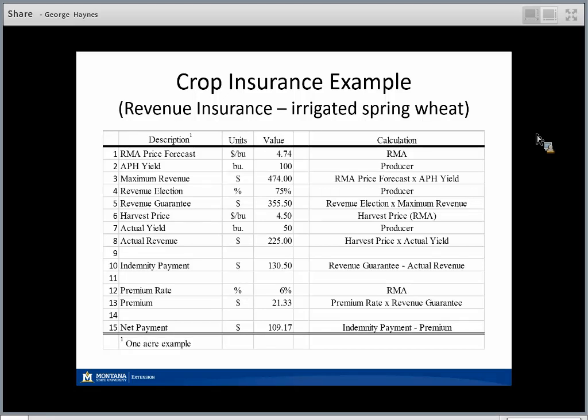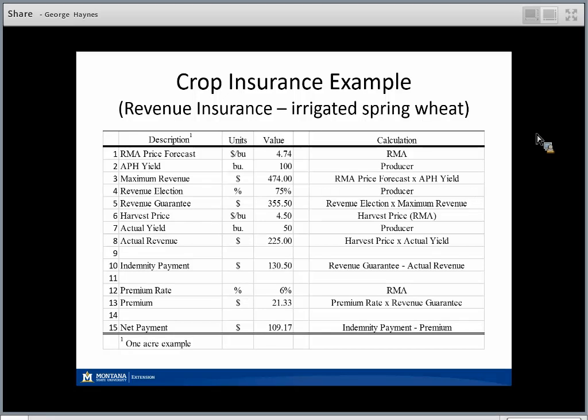The farmer is going to pick up some percentage of that, and we as taxpayers are going to pick up some percentage of that. The net payment that the farmer is going to get out of this, though, is going to be $109.17, after he gets his indemnity payment and pays his premium.